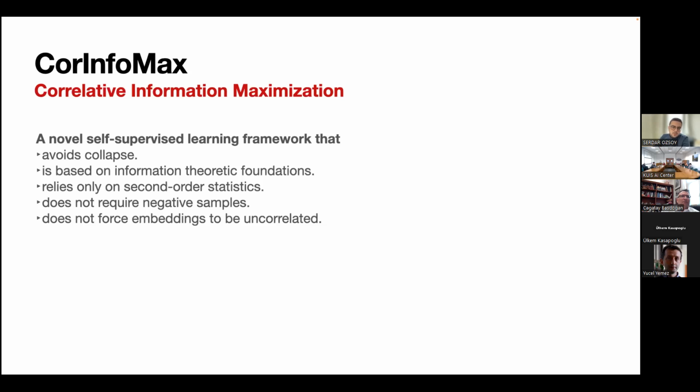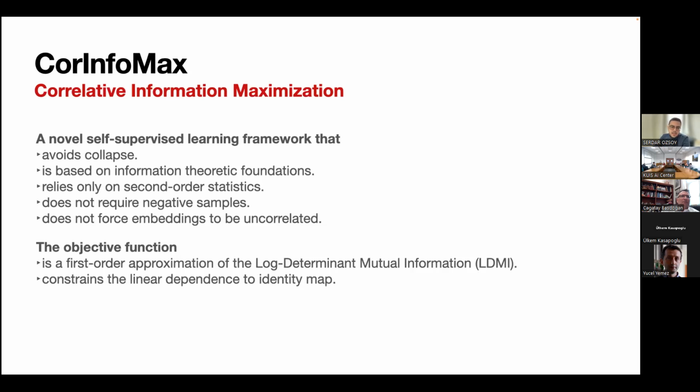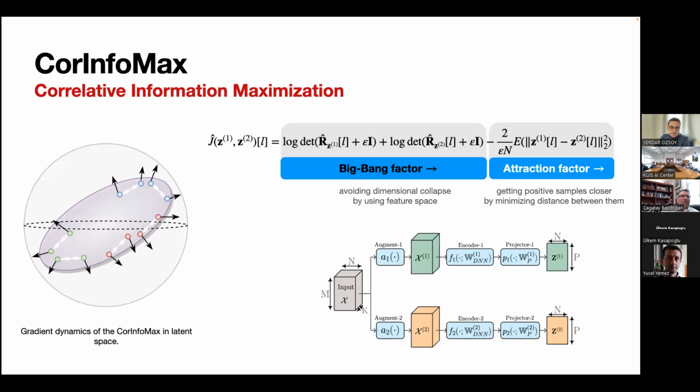CorInfoMax relies only on second-order statistics, does not require negative samples, and does not force embeddings to be uncorrelated. This objective function is obtained through a first-order approximation of the log-determinant mutual information, which we'll go through in the following slides. Moreover, it restricts the linear dependence to the identity map.